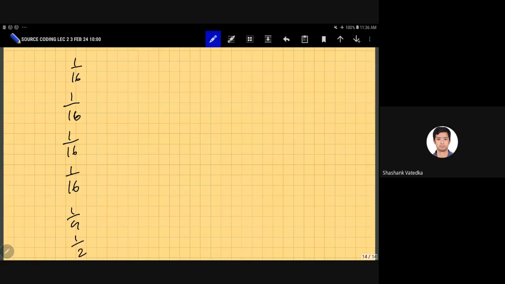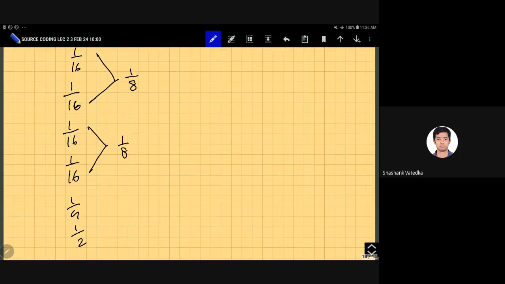Right. So I'll first merge maybe these two symbols. I'll get a super symbol with probability 1/8. Now, what are the two symbols with the least probability? They are this and this. Right. So I'll merge these two to get a super symbol with probability 1/8.